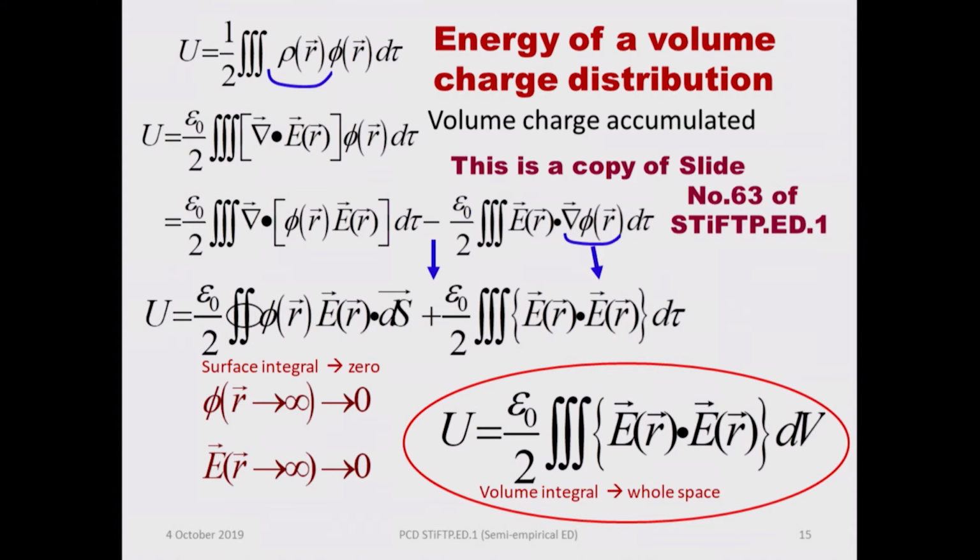So it is epsilon 0 by 2 multiplied by E square. So, that is the density. When you integrate it over the whole volume, you get the total energy in the electric field.